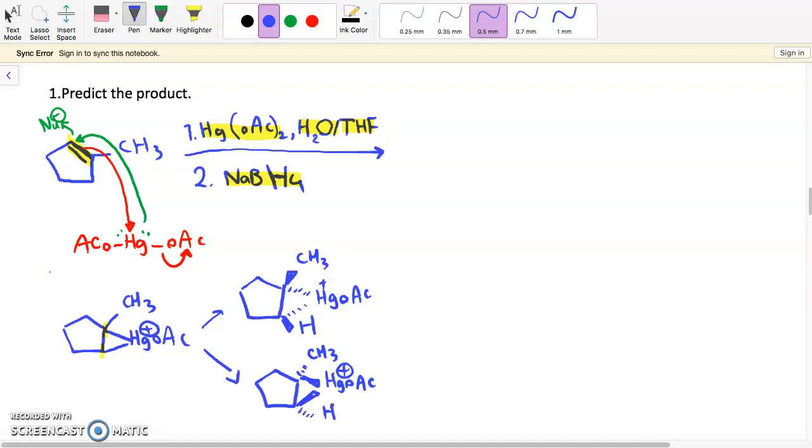Okay, so always look out for generation of stereocenters.